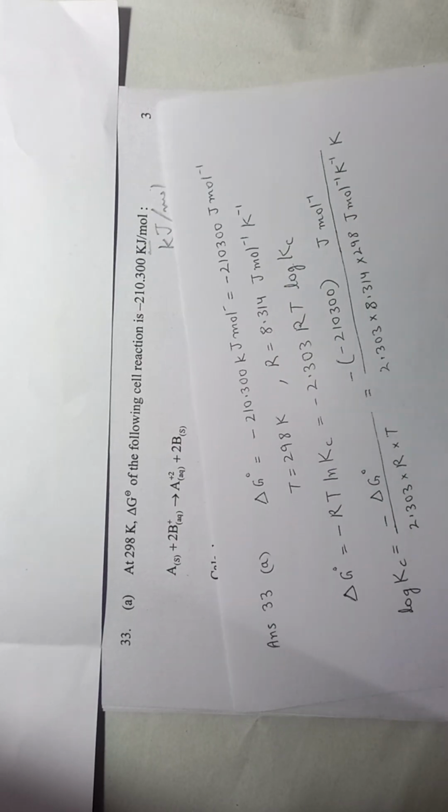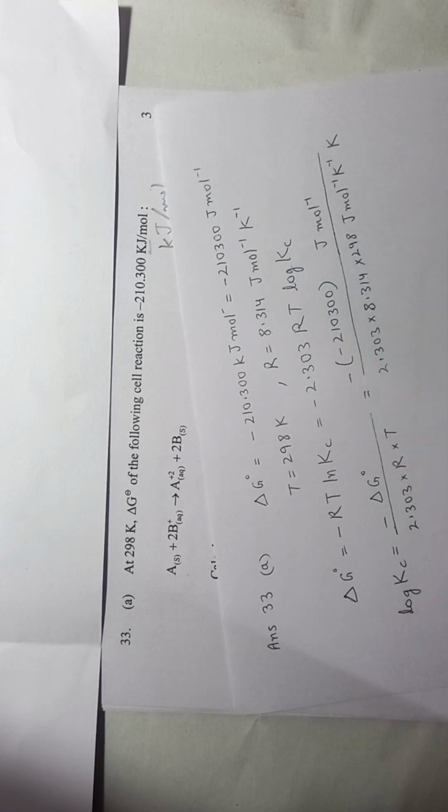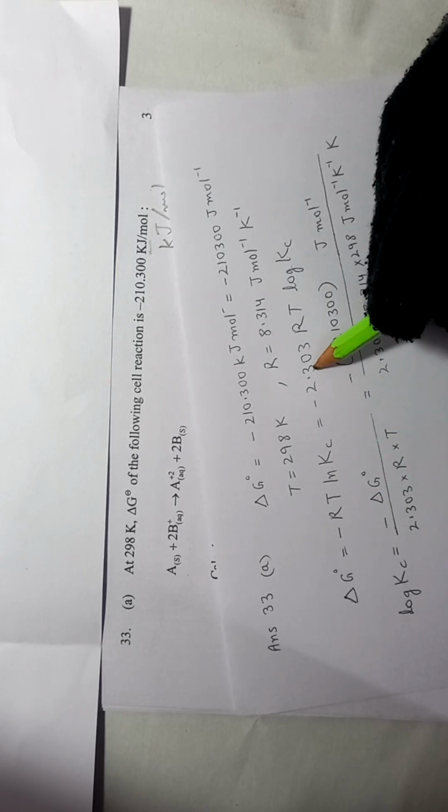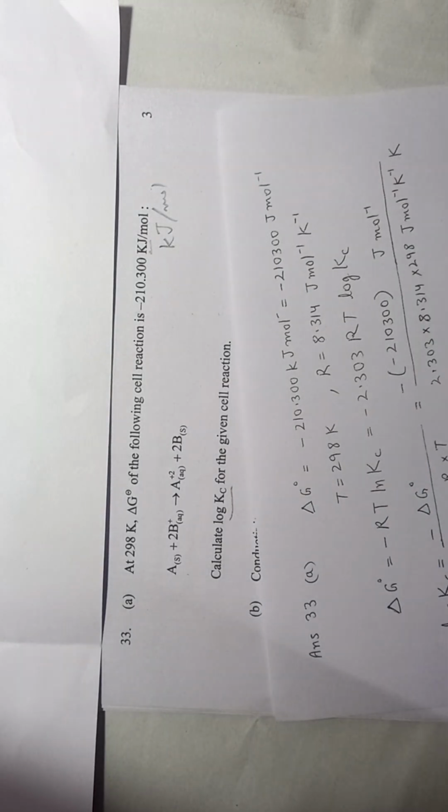Now the formula we are going to use is delta G naught is minus RT natural log Kc, and this is equal to minus 2.303 RT log Kc, to the base 10, which has been asked here. Now substituting the values and solving them, we get this is the value of log Kc.